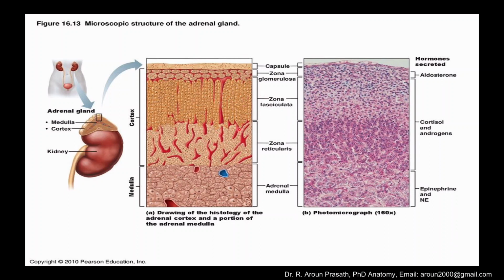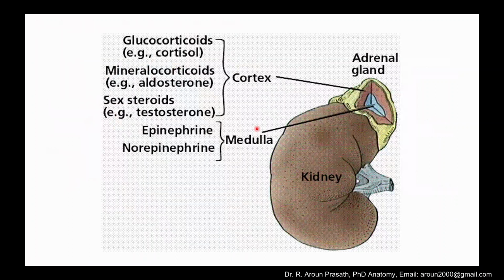The zona fasciculata and the zona reticularis secrete glucocorticoids and mineralocorticoids. So in general, the adrenal cortex secretes glucocorticoids, mineralocorticoids and the sex steroids. The glucocorticoids are also called cortisol hormones, the mineralocorticoids are also called aldosterone hormones, and the sex steroid hormones are also called the testosterone hormone.